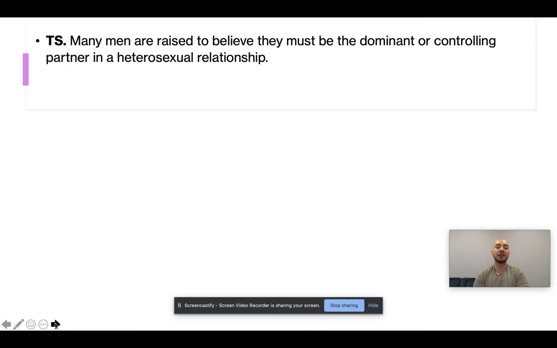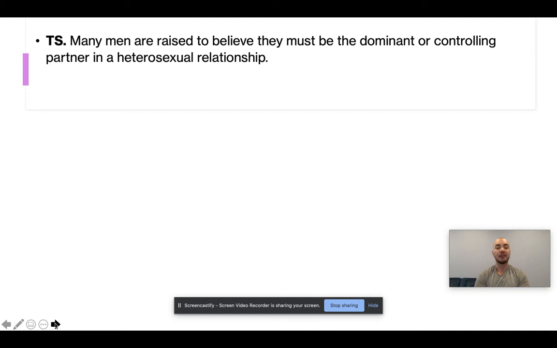When we think about the way to organize an illustrative essay, we want to begin with a very clear topic sentence. In this case, our topic sentence comes from an essay on domestic violence. The topic sentence reads, "Many men are raised to believe they must be dominant or controlling partner in a heterosexual relationship."